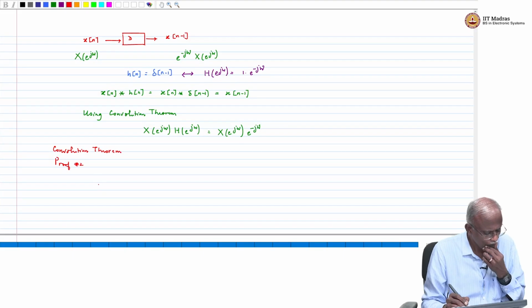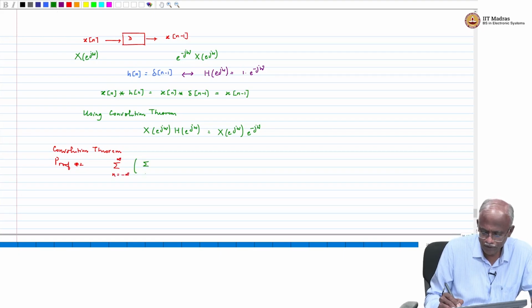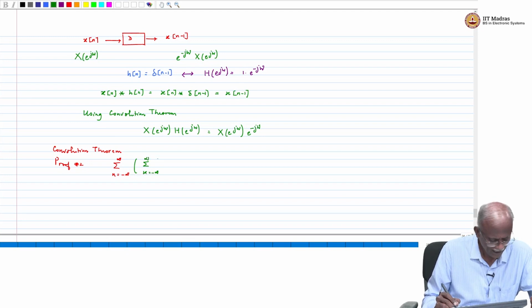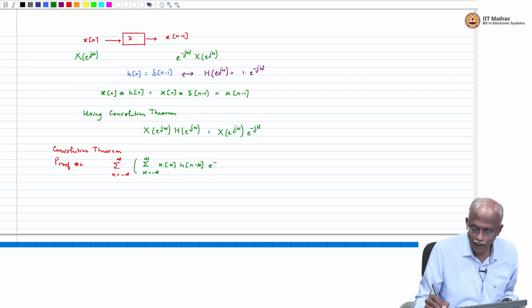Just like before, we have this expression: summation n equal to minus infinity to infinity, and inner summation k equal to minus infinity to infinity, x of k h of n minus k, e power minus j omega n.